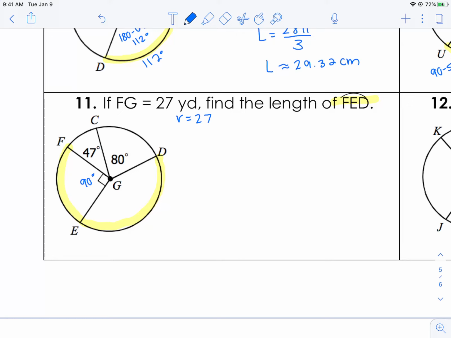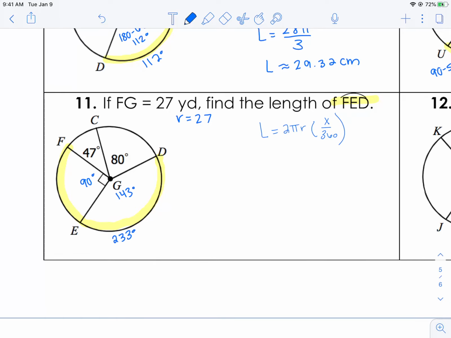So to find the remaining piece of the arc, I'm going to do 47 plus 80 plus 90, and then subtract that from 360. And I get 143. So then add 143 and 90, and I get 233 degrees. So that's going to be my X.